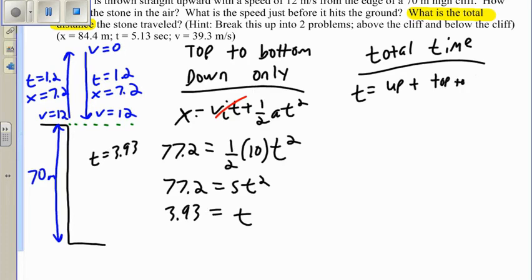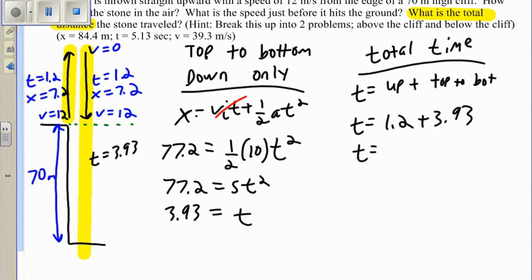So my total time would be this time going up, which is 1.2, and this time going down, which we just found as 3.93. So my total time is 5.13 seconds. So that's my second answer.